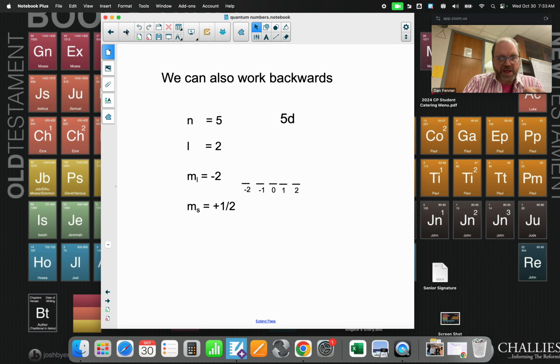We're going to have the last electron in -2. So it's either going to be 1 or it's going to be 6. Well, because it's +1/2, it's 1, so it's 5d1. If you look at the periodic chart, 6s2, 5d1, it's lanthanum. That's my answer.